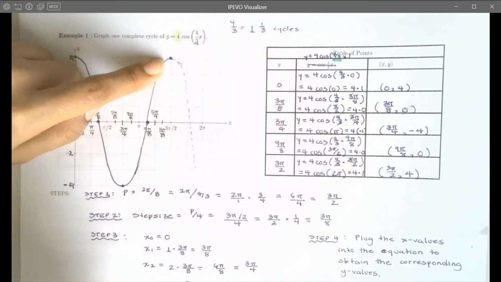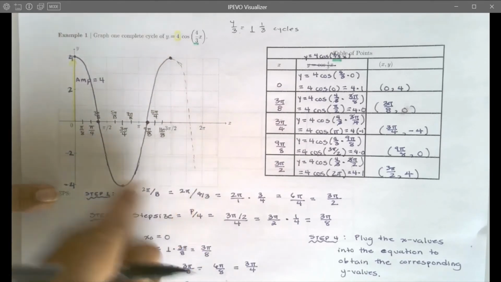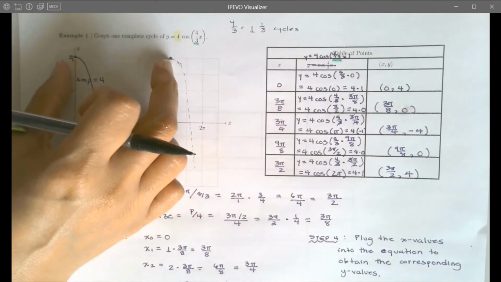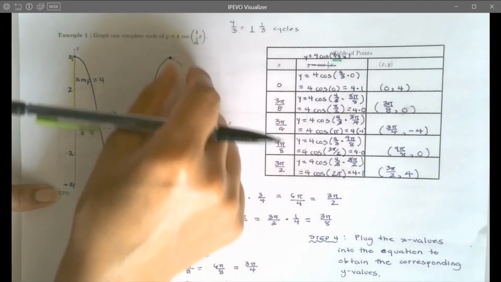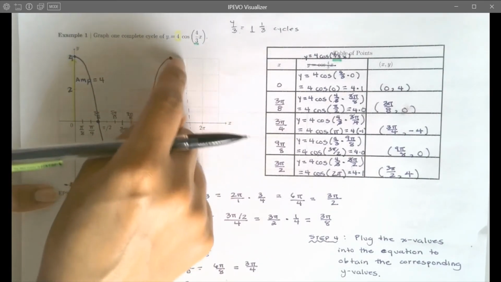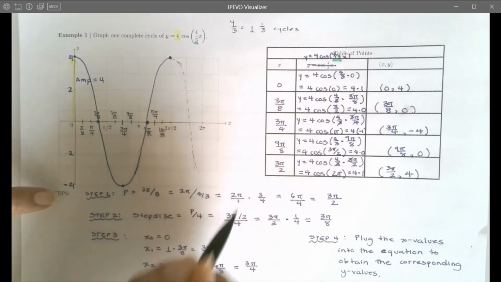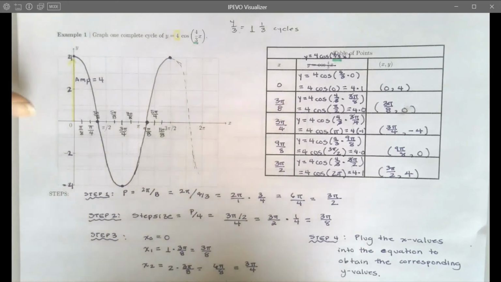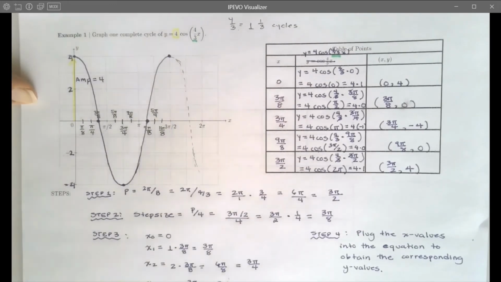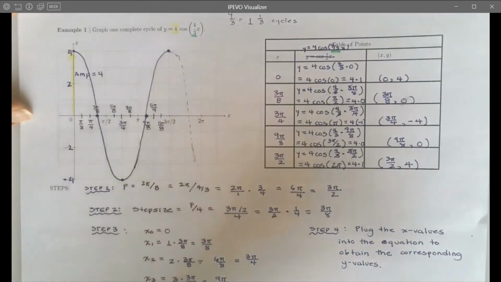Okay. It's a little difficult to draw, but you can see that there is this complete one cycle, and then this chunk between 3 pi over 2 and 2 pi is going to contain what seems to be 1/3 more. Okay. So that is the first example that has change in both amplitude and period.